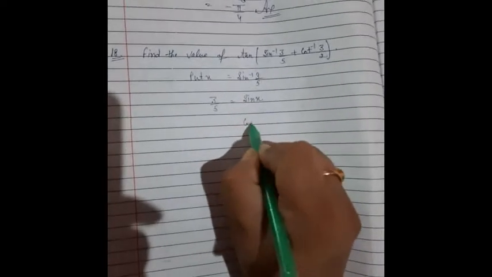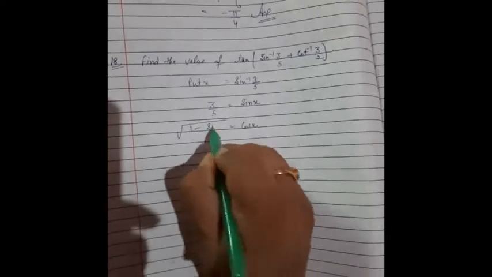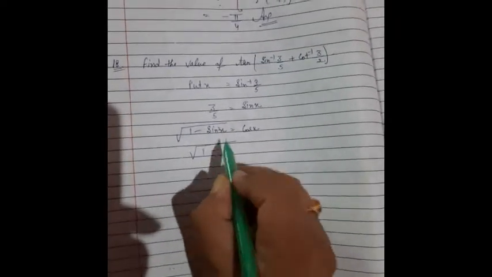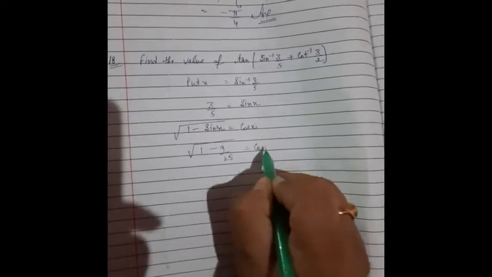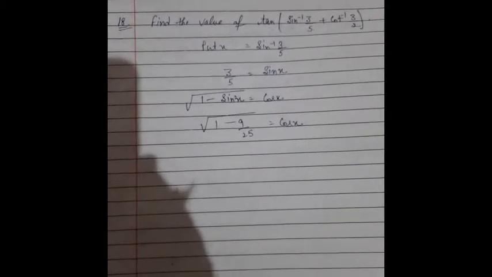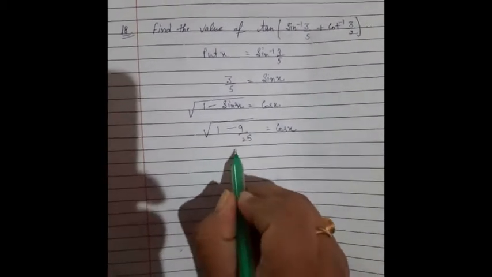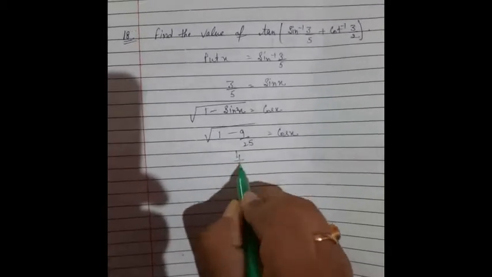First of all, cos x is equal to root of 1 minus sine square x, that is root of 1 minus 9 upon 25. Take LCM: 25 minus 9 is 16 upon 25, and its root is 4 upon 5.